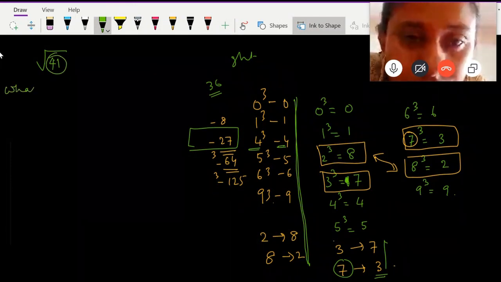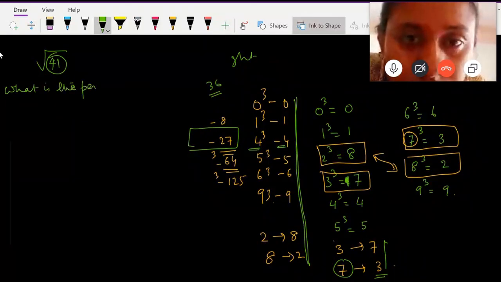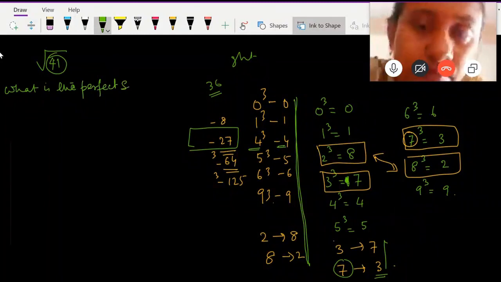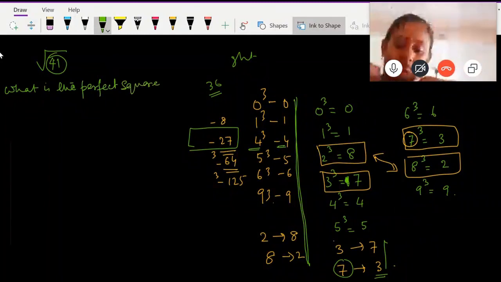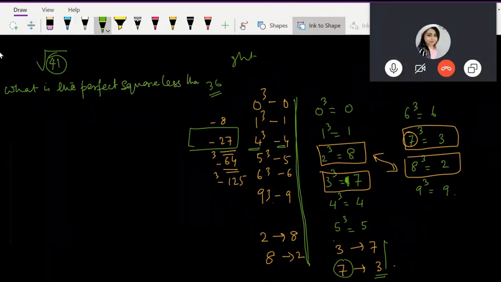What is the perfect square less than 41? 36. So the square root of 36 is 6.